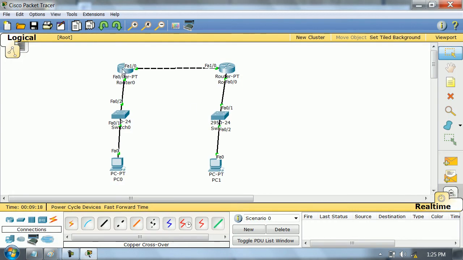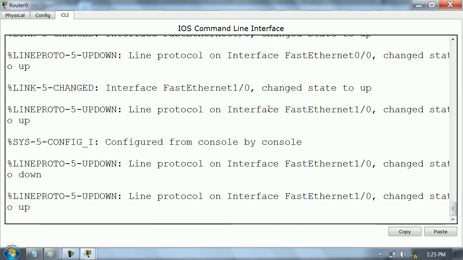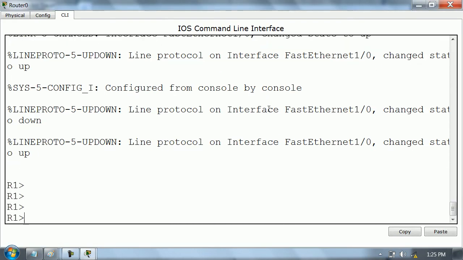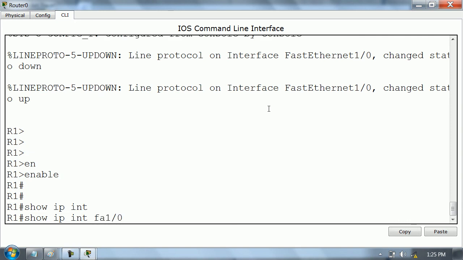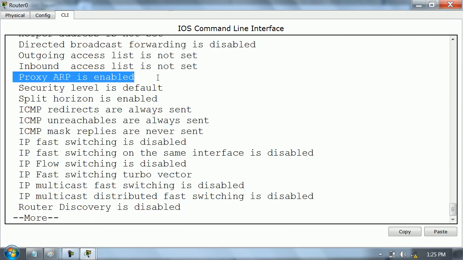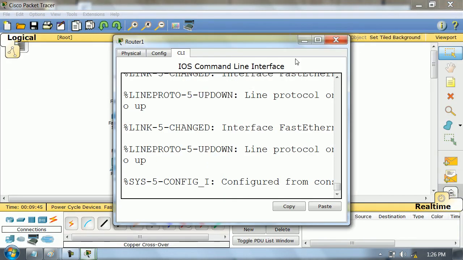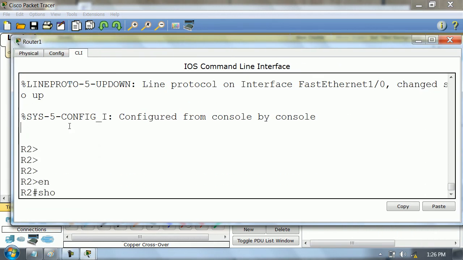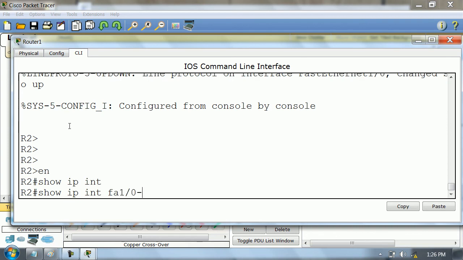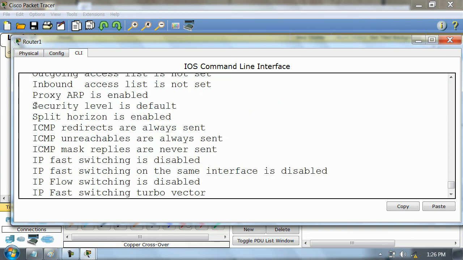So, first thing, how to check that on an interface proxy ARP is enabled or not? Anyone? Show. Proxy ARP is enabled by default. Any problem? Any problem? Proxy ARP is? How to disable it?